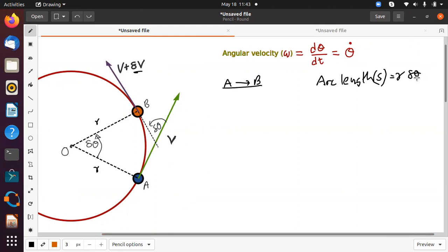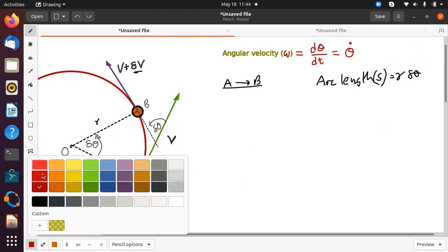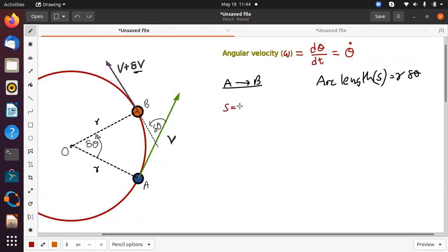This motion takes place in a time delta t. So let me write it again: S is equal to R delta theta, and it takes place in a time delta t.